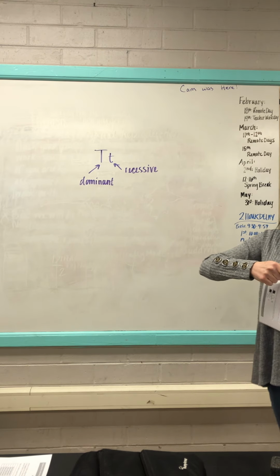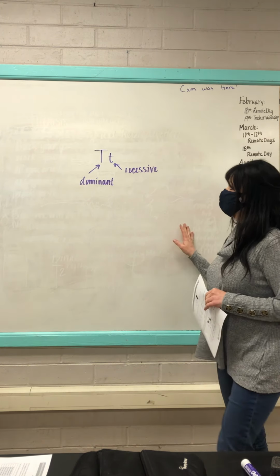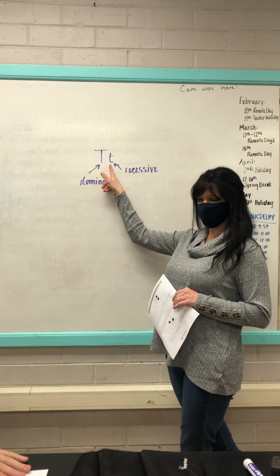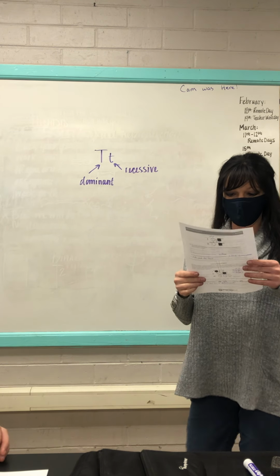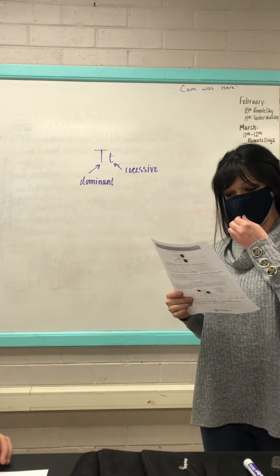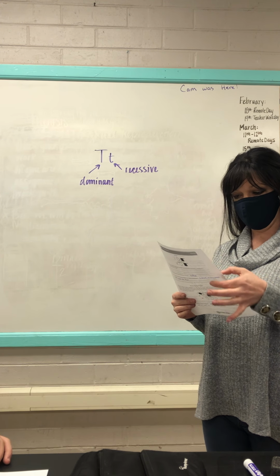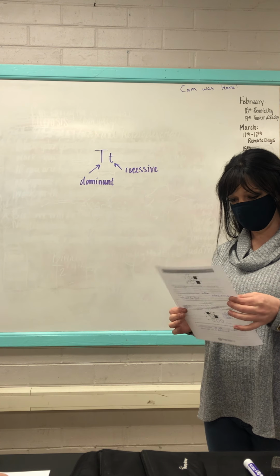If you have a dominant showing up, you have the trait. Even though they're carrying the recessive trait, they're still going to show the dominant trait. So number 1, male with genotype big T, little t, would taste the PTC. I'm going to put yes.